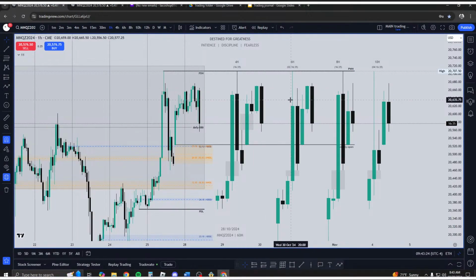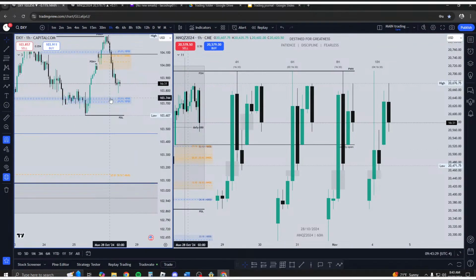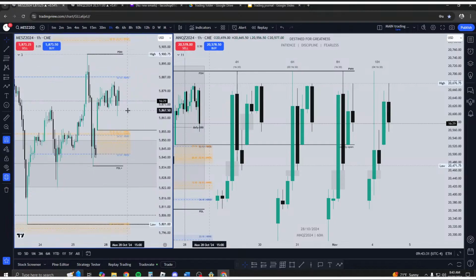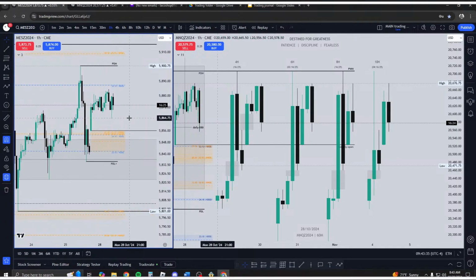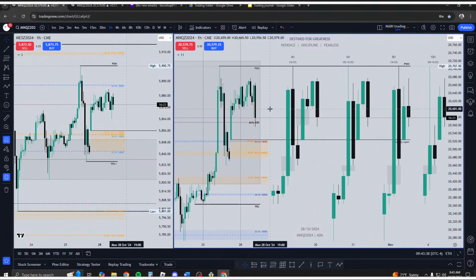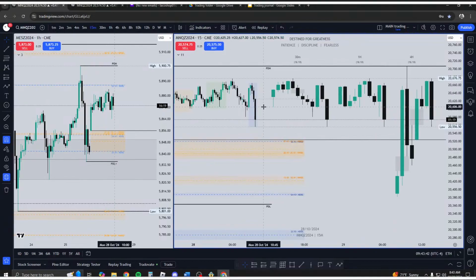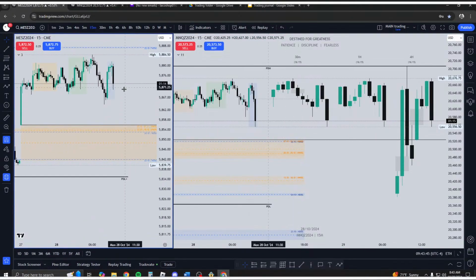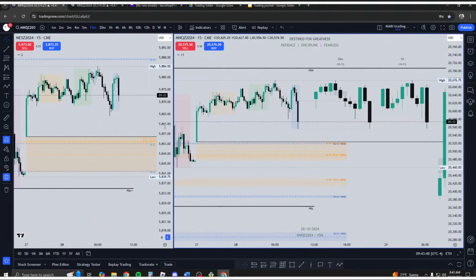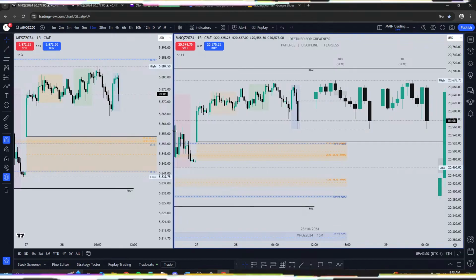Interesting. So I am skeptical, really skeptical here, because ES and NQ aren't trading in alignment with one another. So let's just watch how we close there.